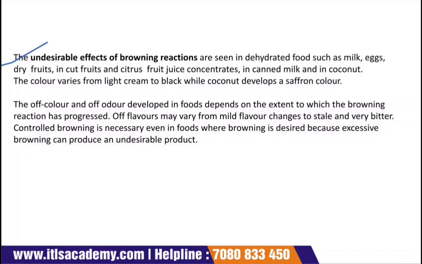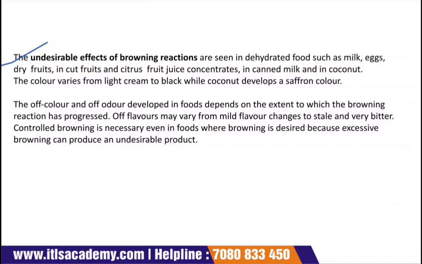The off color and odor developed in food depends on the extent to which the browning reaction has progressed. So whenever you don't want a food item to be cooked to a degree that imparts an off flavor, that is known as undesirable browning reaction.